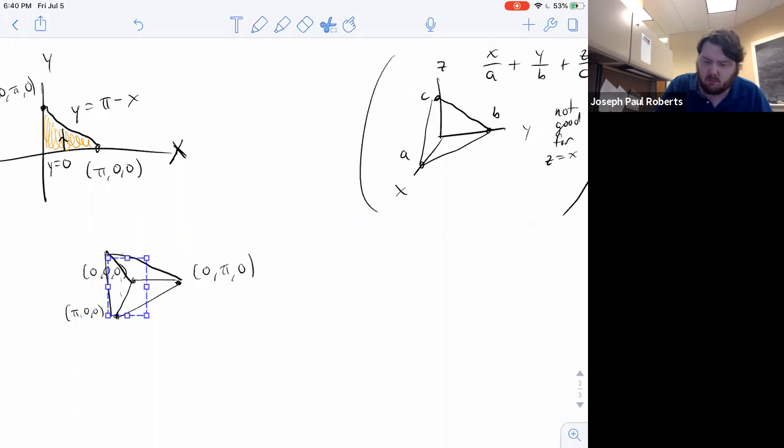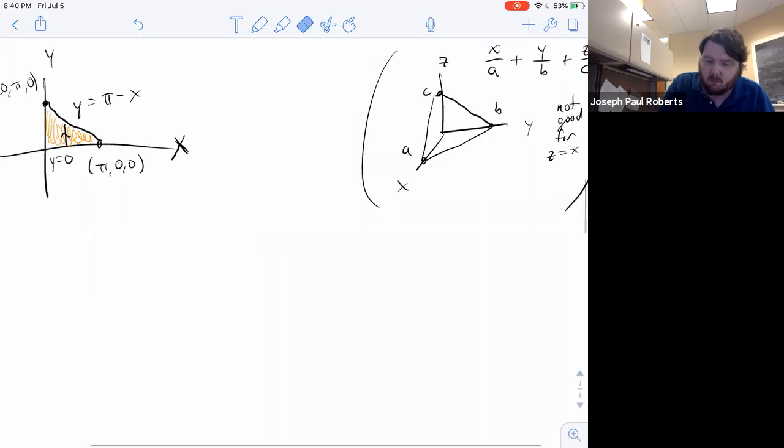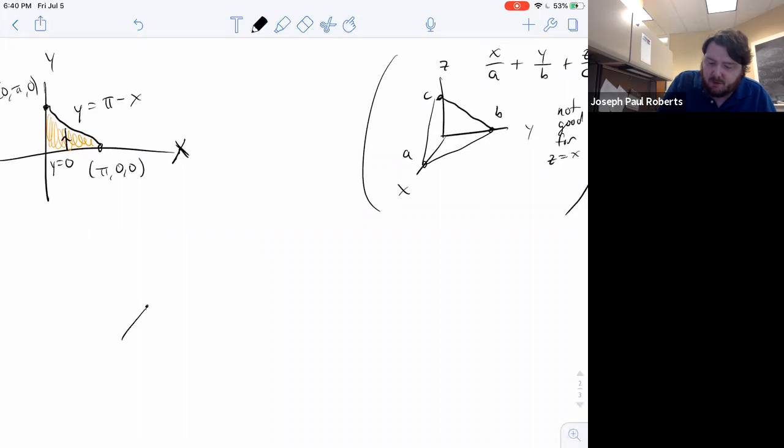Let me think about how I might draw this a little more clearly. So I have my bottom triangle in the xy plane. I have this point here. So that's going to be pi, 0, pi. So it's directly above pi, 0, 0.